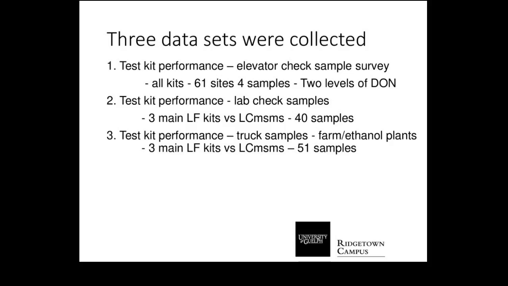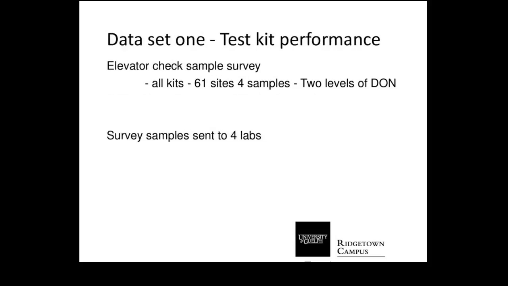And then the other set of samples was truck samples, tailgate samples, the same set of samples I showed you earlier, and we tested those against, again, those 3 main lateral flow test kits. There's a total of 51 samples there.